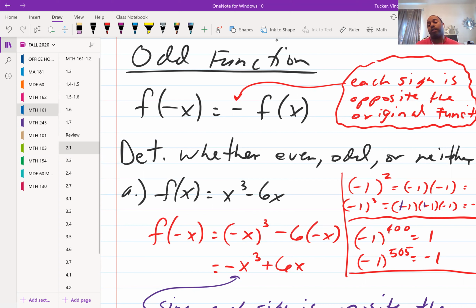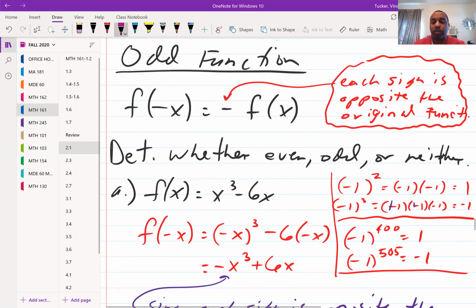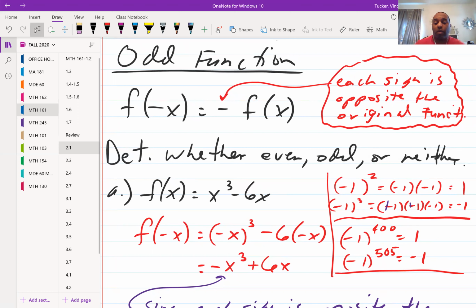Don't forget the effects that an odd exponent has on a negative versus an even exponent has on a negative, and that's what I tried to express over here on the right. If it's even, you're always going to result in a positive result. So -1 squared will be +1. But if it's odd, you will always have a negative left over. So it's always going to give you a negative result.